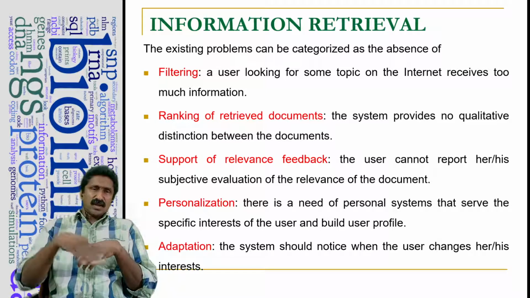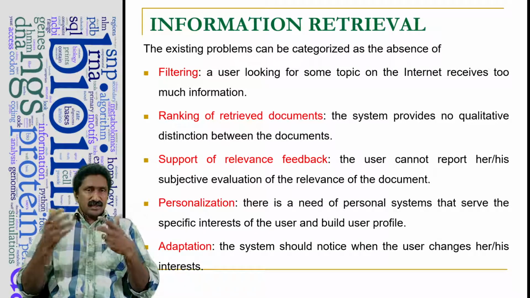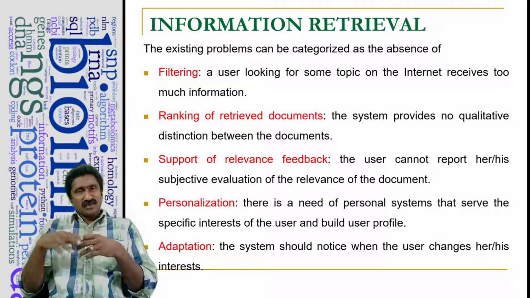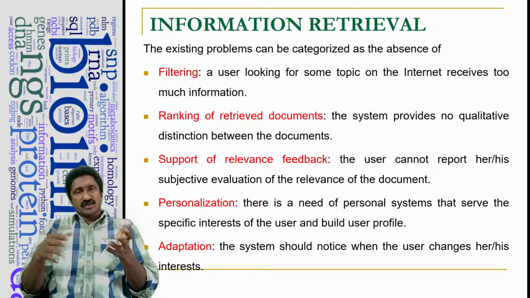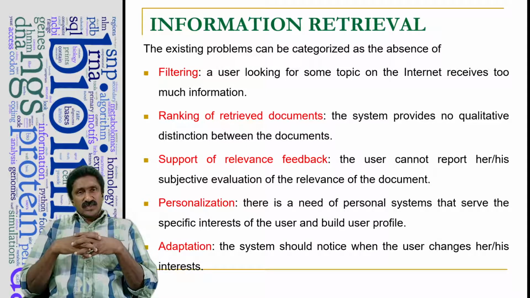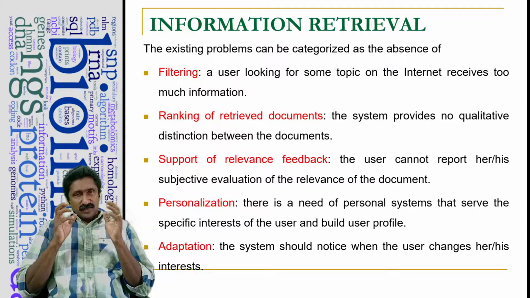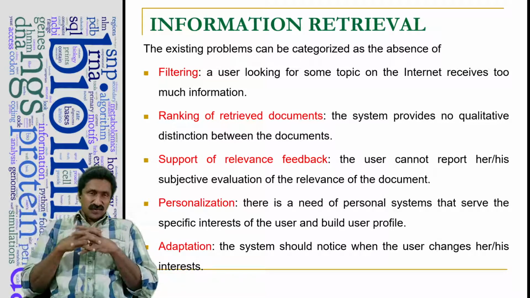Probably you will be looking into the top three or four ranking list, and the remaining will not be addressed by you. You are not even going for the second page of Google search results. So you are getting too much information which you are not interested in looking at.